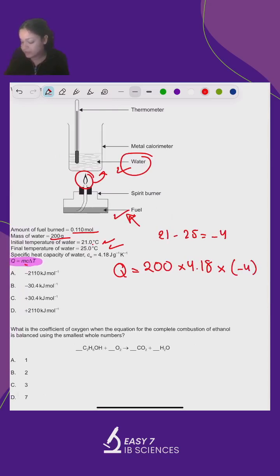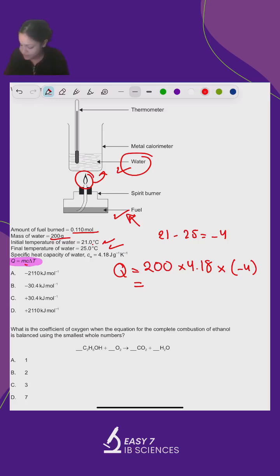So Q is equal to 200 times 4.18 times -4. So therefore, that gives us an answer of, let's see, I've just got my little calculator here, 200 times 4.18, hopefully you guys are solving with me, times -4.